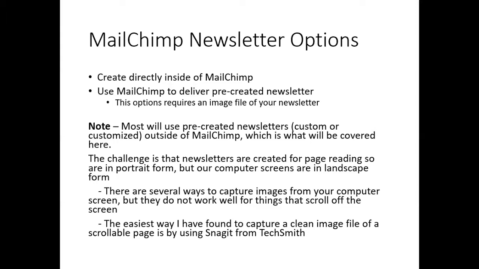What's also nice about MailChimp is that you can use it to deliver pre-created newsletters. Those are the newsletters that we get from another service or we've created ourselves outside of MailChimp, and that's when we're going to have to use their feature that involves uploaded image files.